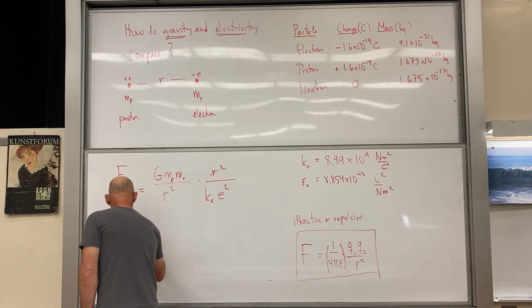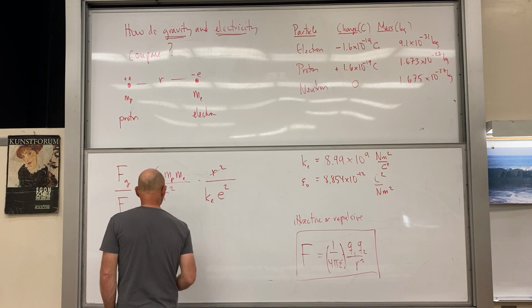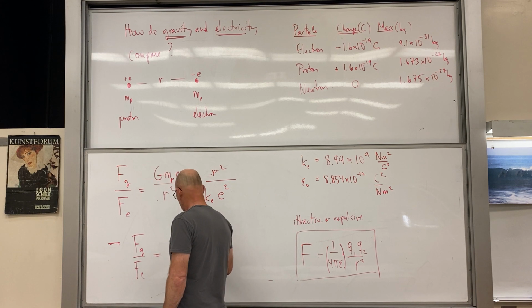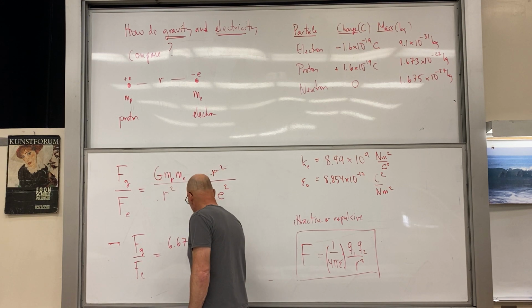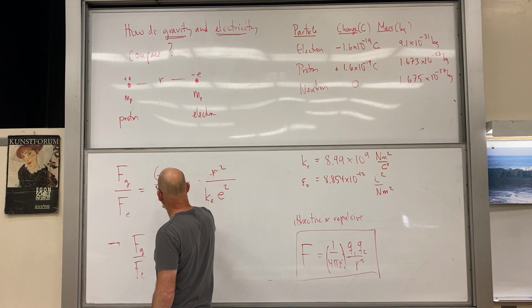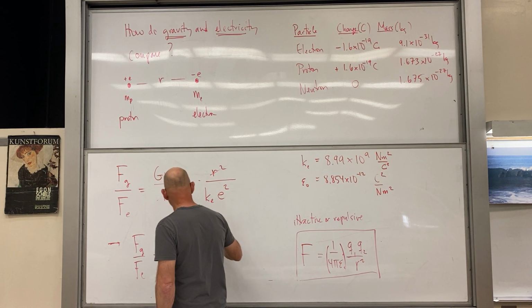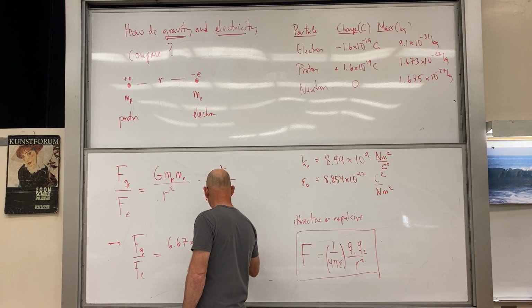So F sub G over F sub E is equal to the units, so 6.67, that's my G, times 10 to the minus 11 Newton meters squared per kilogram squared.